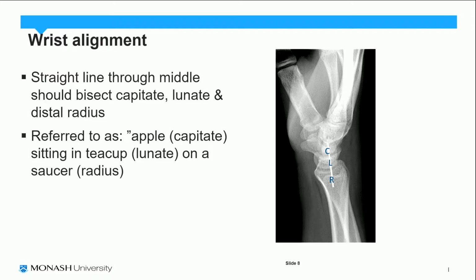If you draw a straight line through the middle of a lateral view of the wrist, the line should bisect the capitate, which I've indicated as C, and the lunate as L, and then also the distal radius. This is referred to as the apple, which is the capitate, sitting in the teacup, which is the lunate, and resting on a saucer, which is the radius.